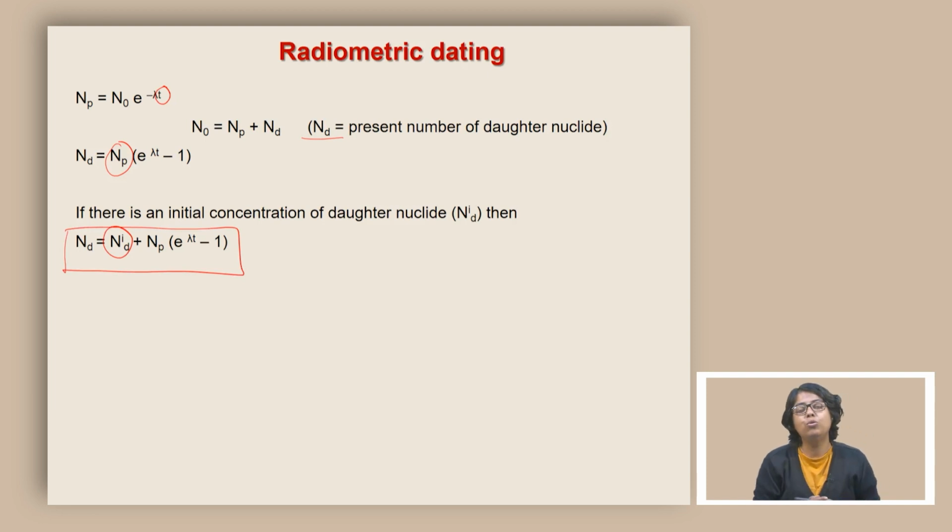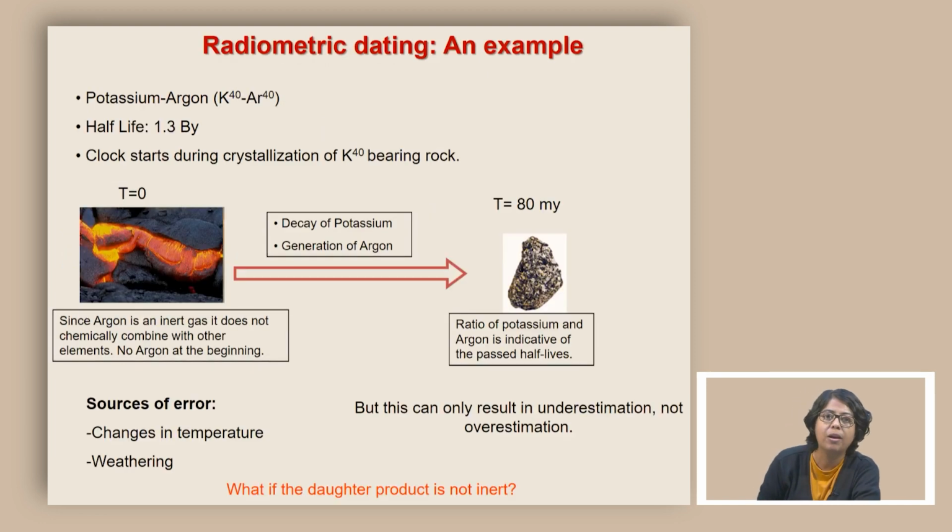Now, we are going to look first at a system where the initial concentration of the daughter nuclide is 0. Let us take a look at such a system: potassium-argon. If we look at it very simply, it is K40, which is potassium and radioactive.